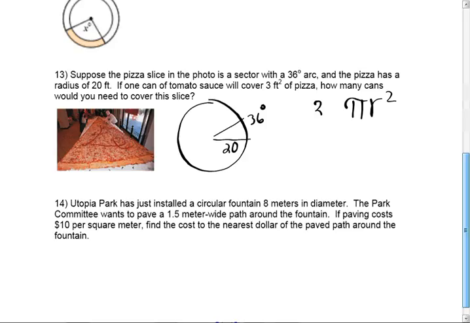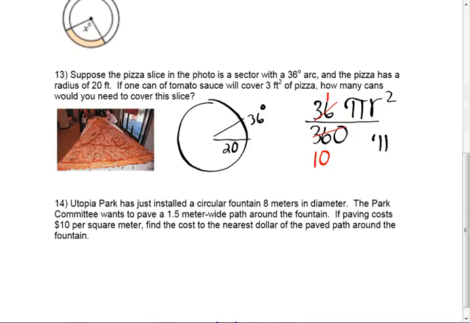You have 36 out of what? 360. That's easy. So it's like 3 out of 36. Divide by 36, I get 1.